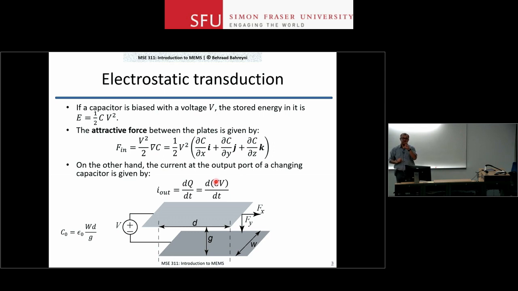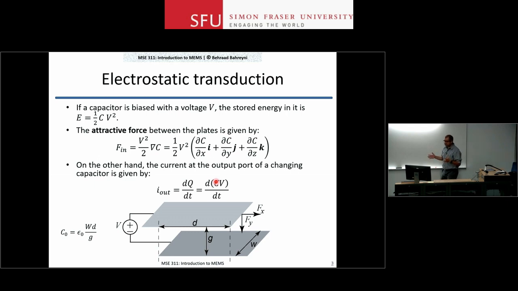In this case, we are assuming that the voltage is DC, so that d(CV) over dt, you can write as dC over dt times V plus C times dV over dt, right? That's the chain rule of differentiation. The dV over dt part, if V is constant, is going to be 0. So what you get at the output is a current that is proportional to how fast the capacitance changed, right? And we can use that to measure the changes. There are other ways.